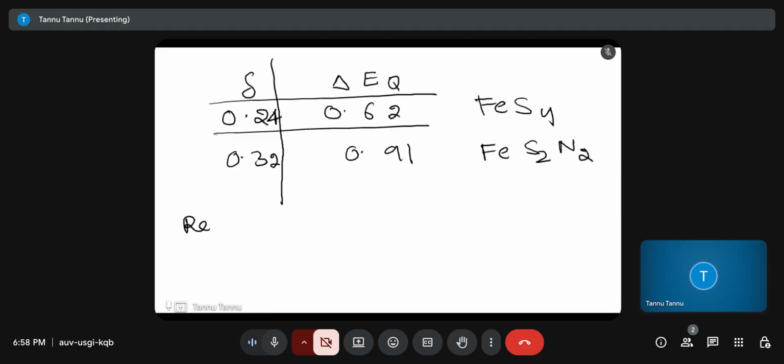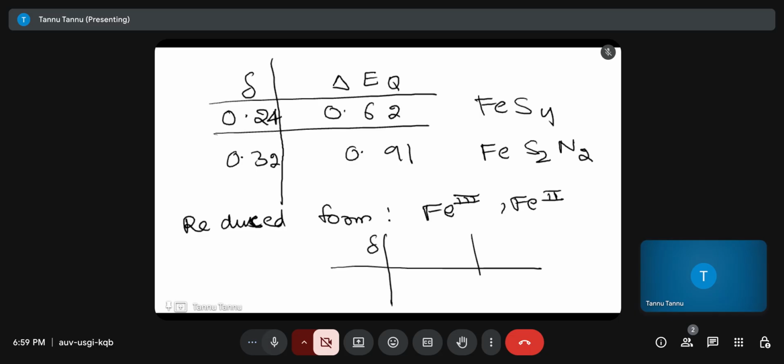For reduced form, that is Fe3, Fe2, delta EQ, so you will have 0.31, 0.74 isomer shift.